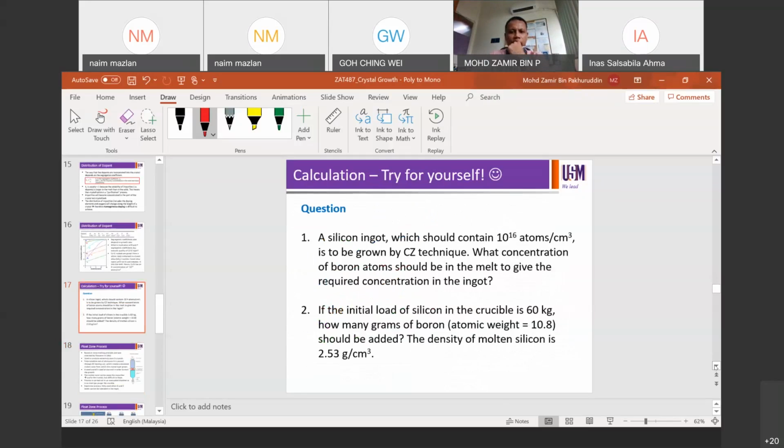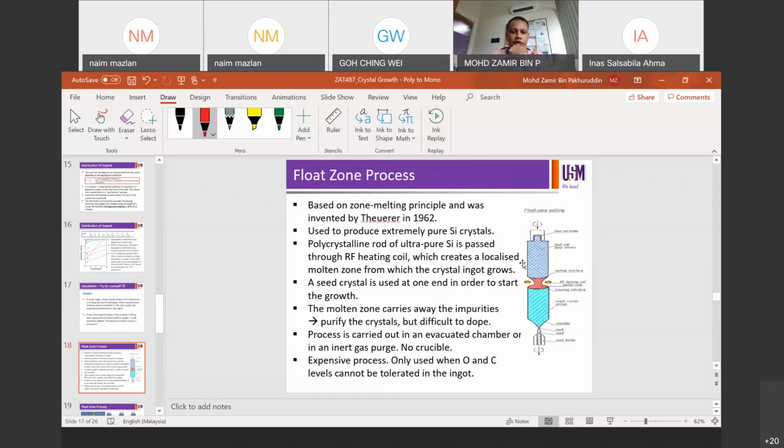This is on the K0, and you have to look at the boron or phosphorus. So what's actually the amount of the boron or phosphorus that needs to be put into the melt in order to yield a certain level of concentration in the ingot? Go back to the equation with K0. So I think I'll just stop here on the process.